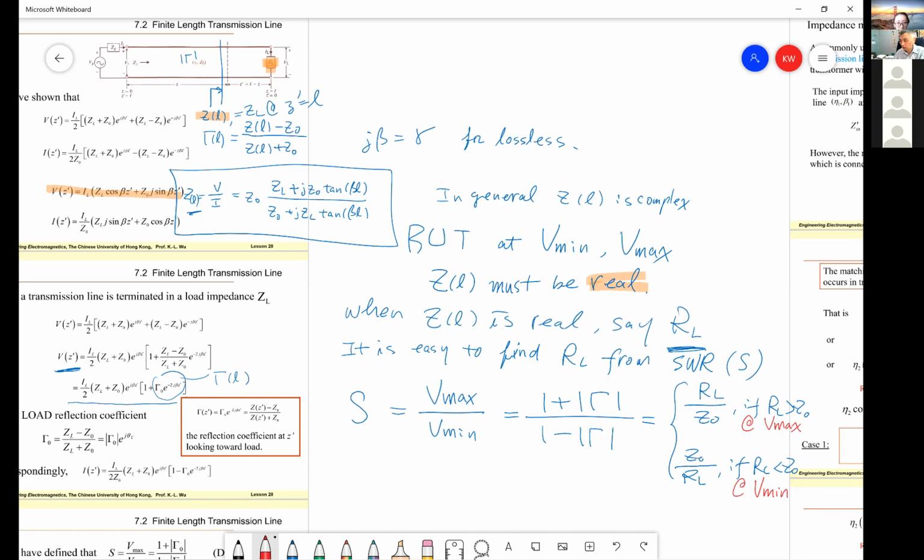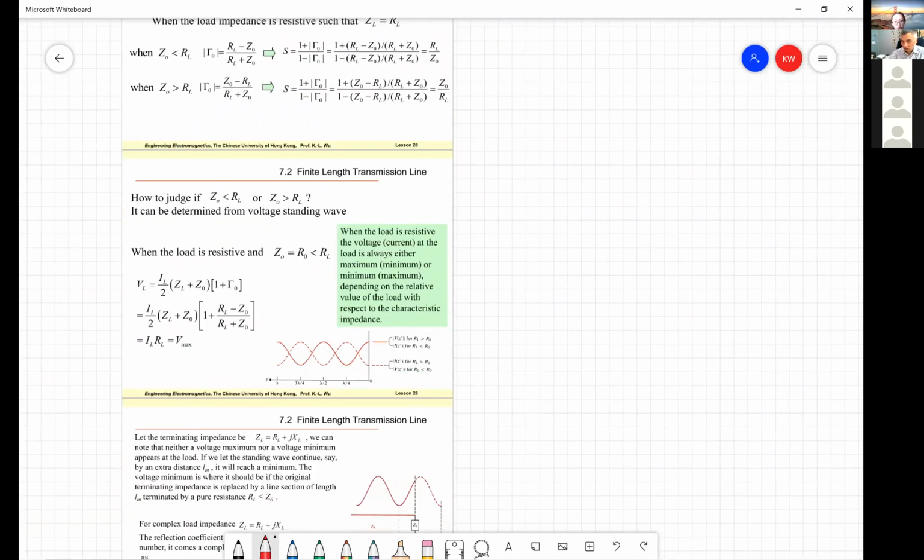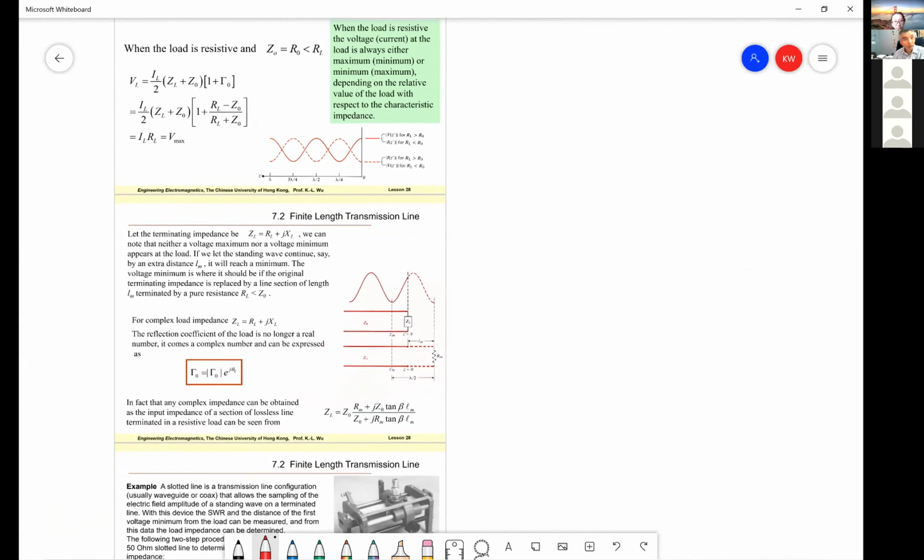Real is easier to deal with than complex, right? Or if this is a minimum, we can find it too. So this is the basic principle we use in our example, right?